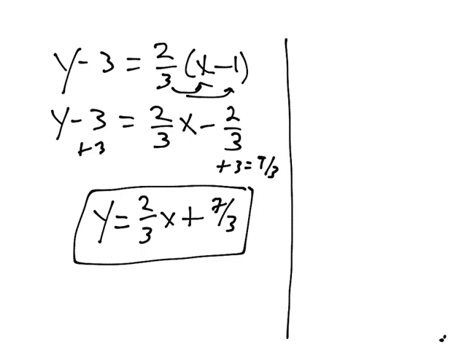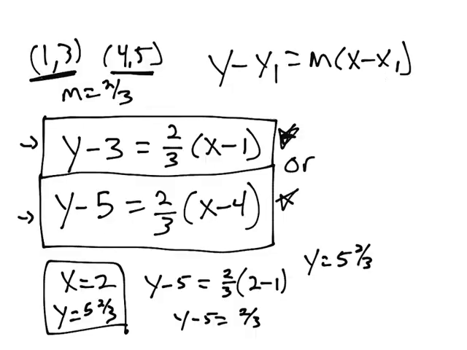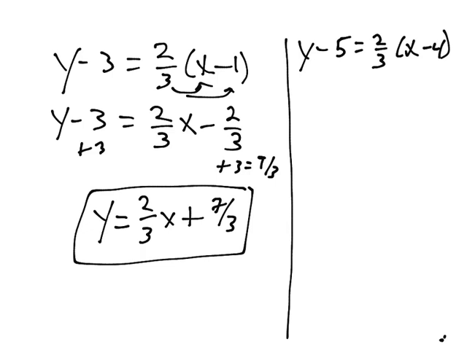If we do that same thing to the other half of the room's point slope form, y minus 5 equals 2/3 times x minus 4. Notice what happens. We distribute the 2/3, so we get 2/3 x minus 8/3.